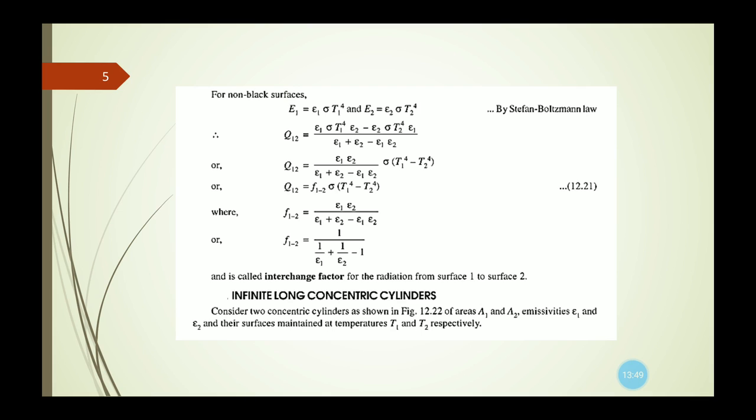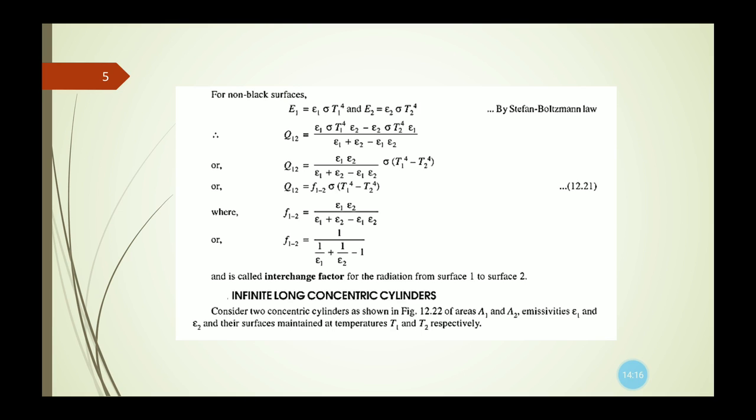So if we use the concept of emissivity and the Stefan-Boltzmann law, then we can write the total emissive power for non-black surfaces, that is E1, equals epsilon 1 sigma T1 to the power 4, that is for surface 1 or plane 1 as per our consideration, and for plane 2 the total emissive power, that is E2, equals epsilon 2 sigma T2 to the power 4.